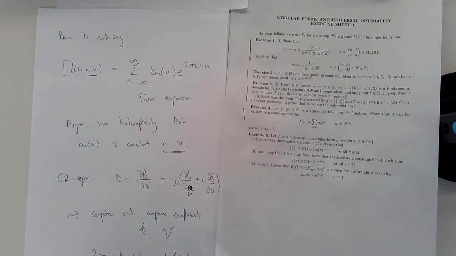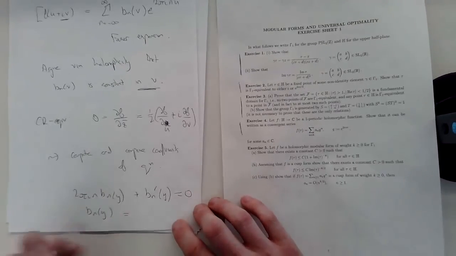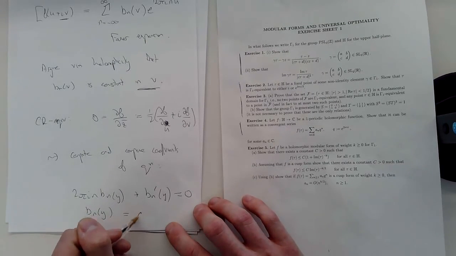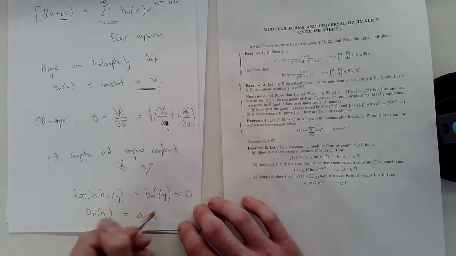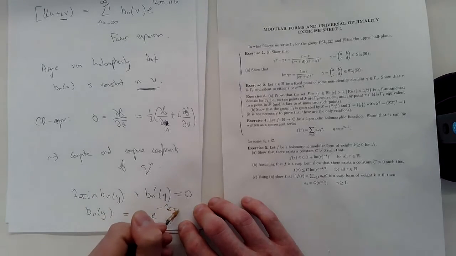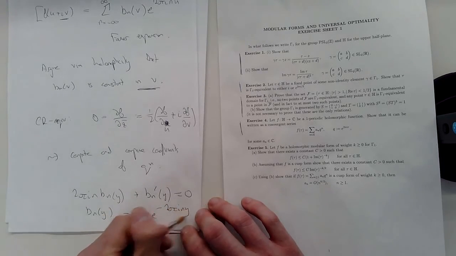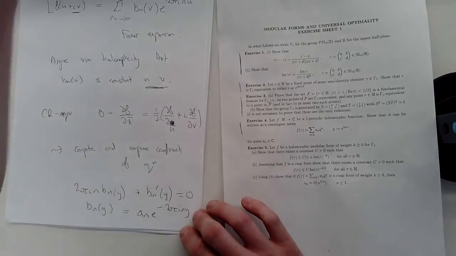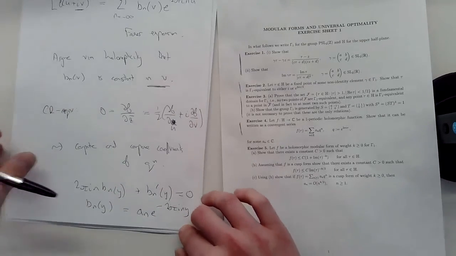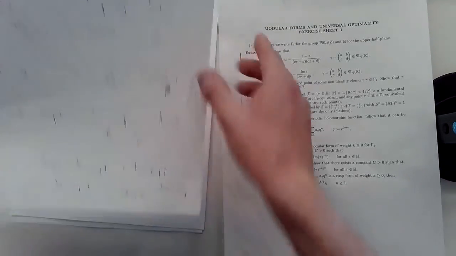Which tells you, by just solving a differential equation, that b_n of y has to be some constant times e to the minus 2 pi n y. Which if we then plug back in will give us exactly the form we want.